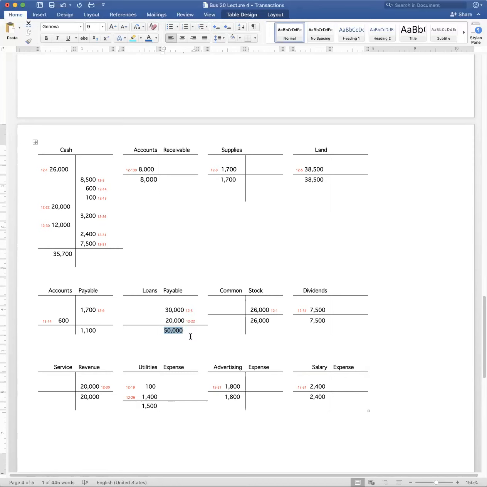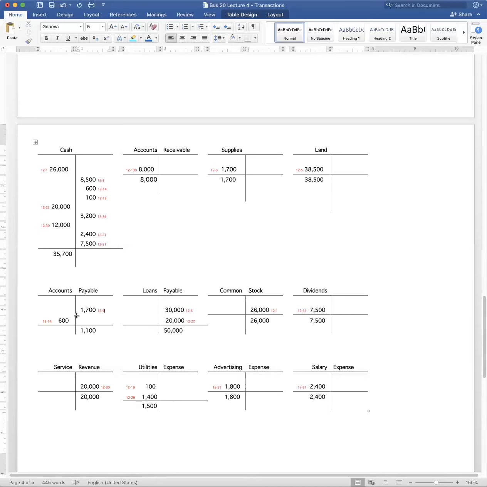Now, what if the numbers are on different sides? So here in accounts payable, we have a debit of $600 and a credit of $1,700. All right, so what happens when debits and credits meet up? Well, they're opposites, right? One's increase, one's decrease. So if they meet up, they cancel out.